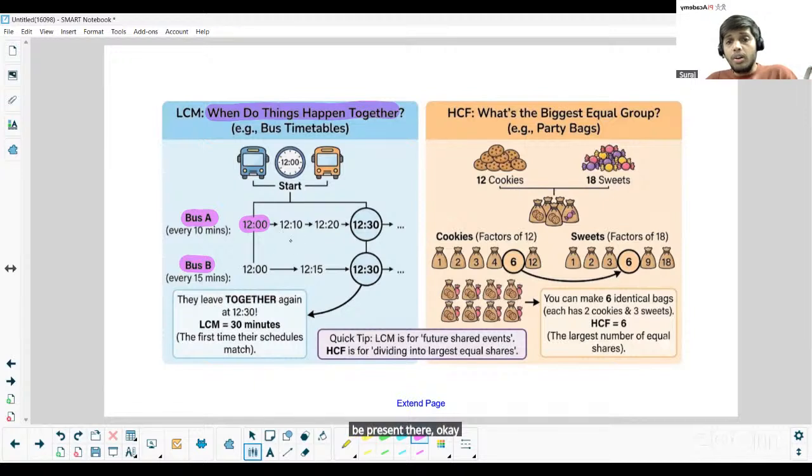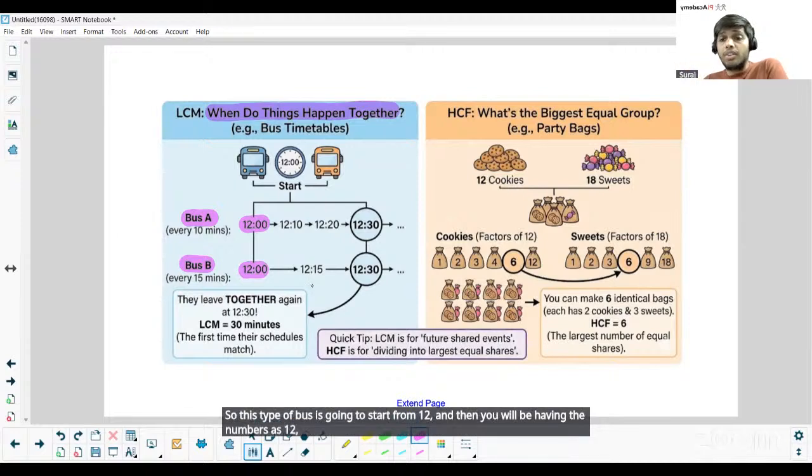Okay, it will keep on moving. After that, bus B always starts after every 15 minutes. So this bus is going to start from 12, and then you will have 12:15, 12:30, 12:45, and in this way it will keep on moving forward.